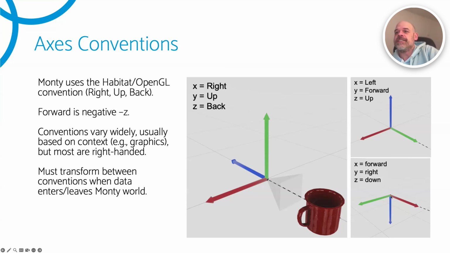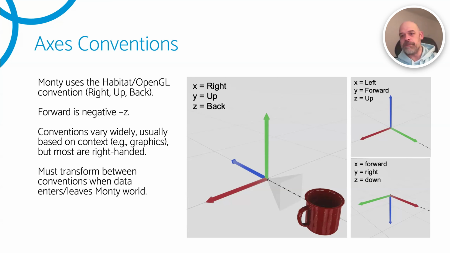Here's another one. I guess this one's common in flight, which is kind of interesting. But the point is, for example, MuJoCo has a different 3D axes convention. So any data that comes and goes from MuJoCo is going to have to do the corresponding transformation, or else things in Monty aren't going to work.